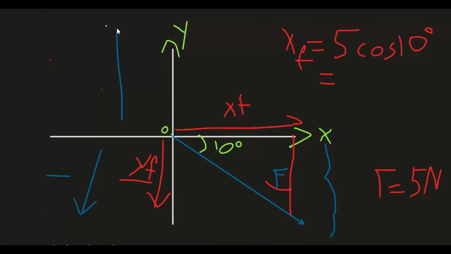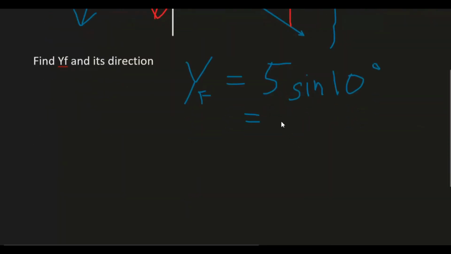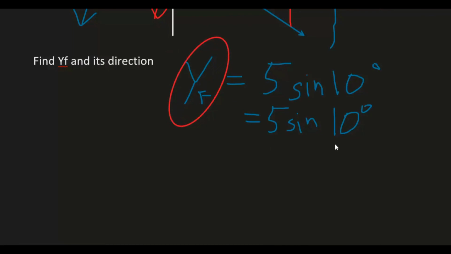If the upper direction is positive, then the down direction is negative, so the force is downwards. So we can write 5 sine 10, whatever the value is, I definitely do not know the value right now. The force YF is 5 sine 10 degree.